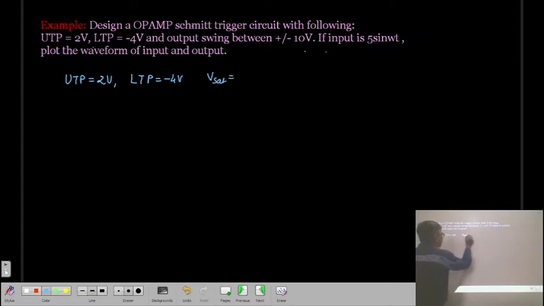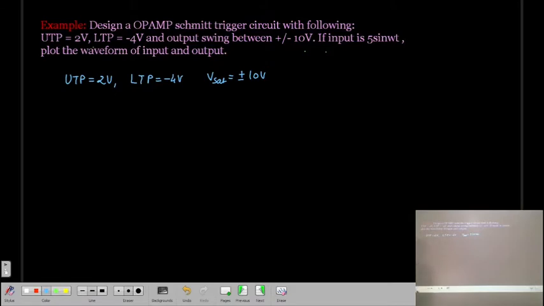V saturation is given at plus or minus 10 volt. And then if the input is 5 sin omega t, plot the waveform of the input and output. That waveform we will see later on. First of all, we will calculate the different component values of the Schmitt trigger circuit.